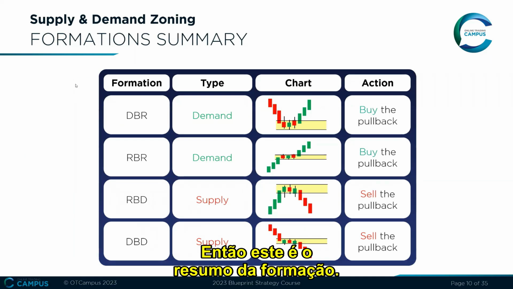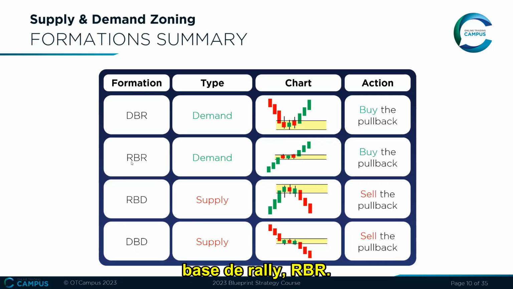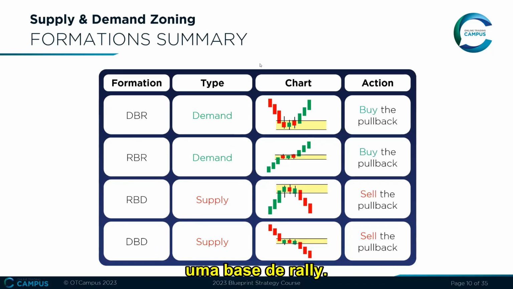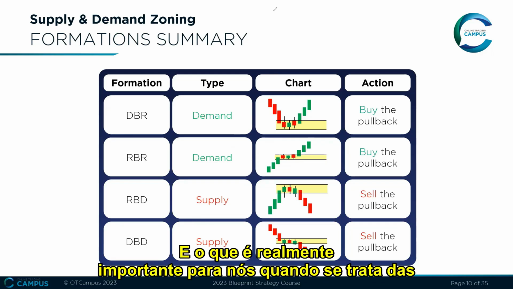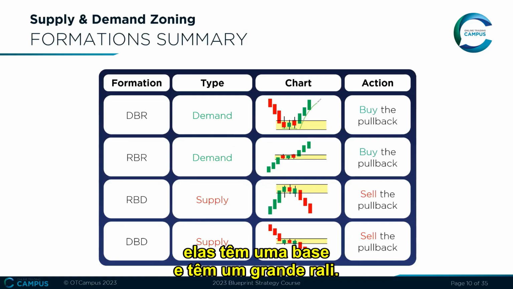So this is the formation summary. These are the formations that we have. We have a drop-based rally, DBR, and we have a rally-based rally, RBR. Those are demand zones, one being a U-shape, one being a rally-based rally. What's really important for us when it comes to the demand zones is what both of them have in common: they have a base and they have a large rally out.